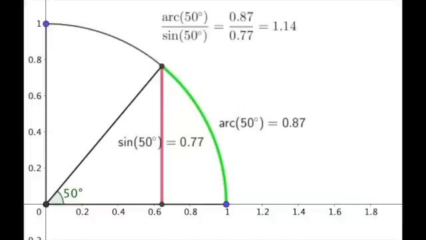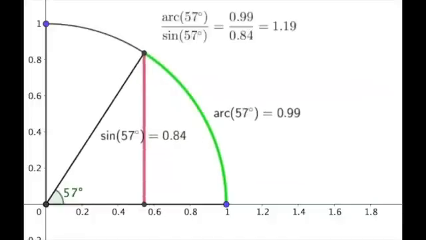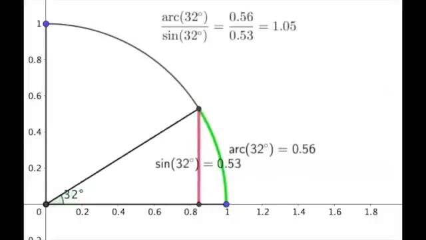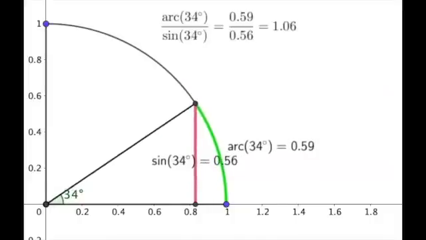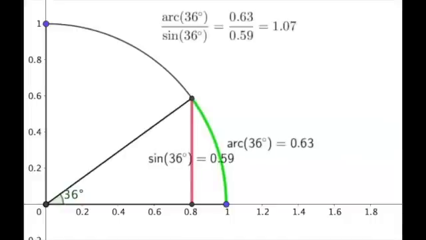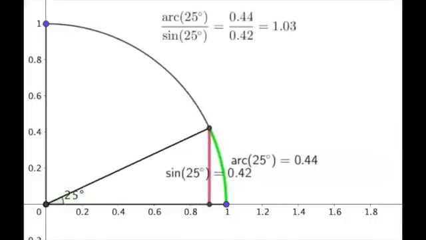But it turns out when I change the angle down to, let's say, 35 degrees, the arc is smaller and the sine is also smaller. But the ratio between them is now only 7% bigger. So unfortunately, the percent changes, and it seems that the smaller the angle gets, the closer they get, though both shrink.